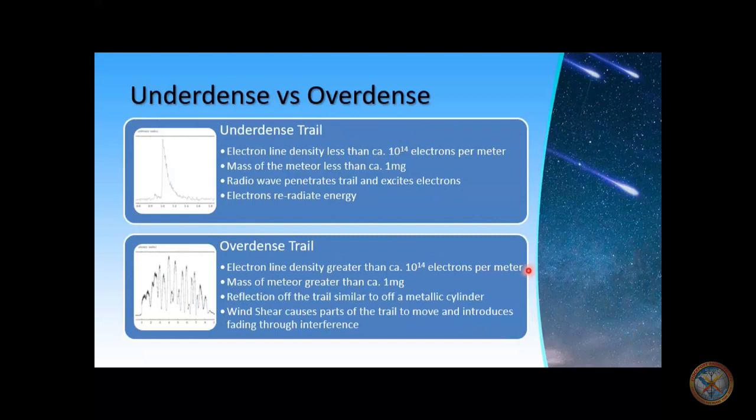It's not a fixed limit, so you've got transitional trails as well, but that's the division that we make. And the mass of the meteor is less than 1 milligram.